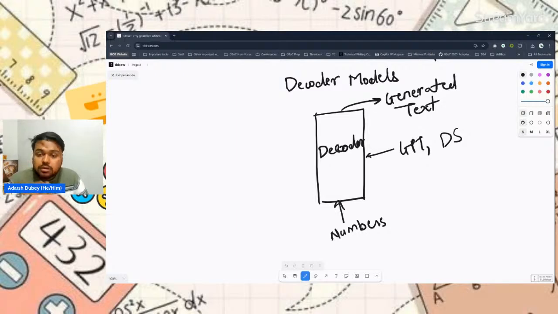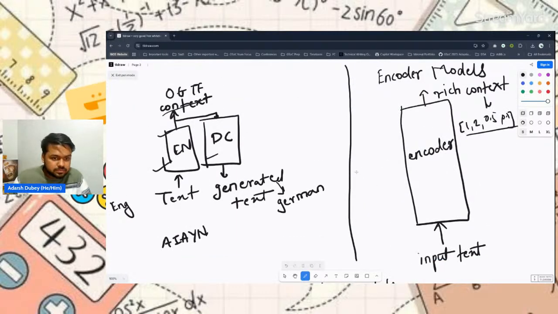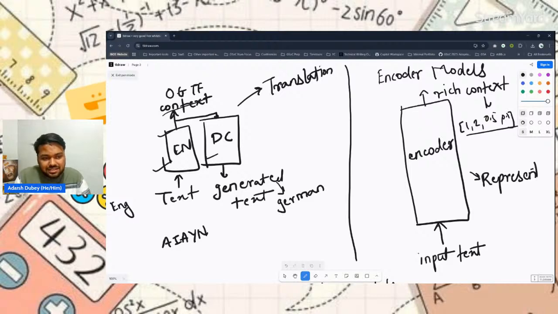Now, what are the uses of these models? Starting with this, the original transformer is a translation model. It was made for translation. These encoder models are also known as representational models. I'll not write representational model, because they don't generate anything, but the output represents something.